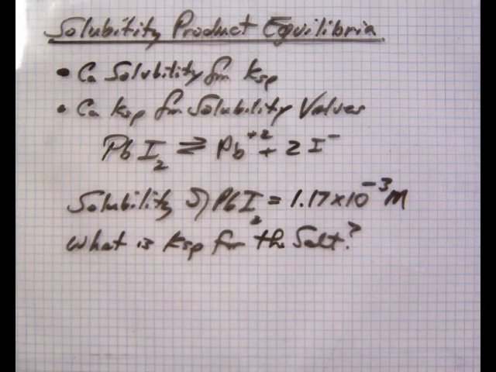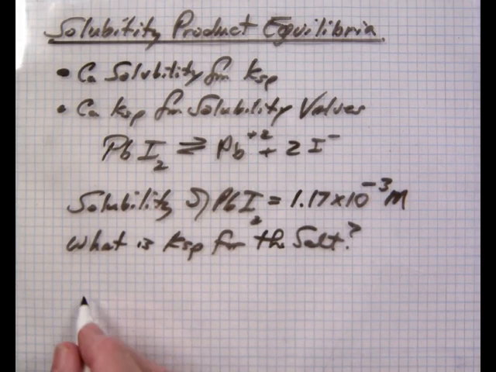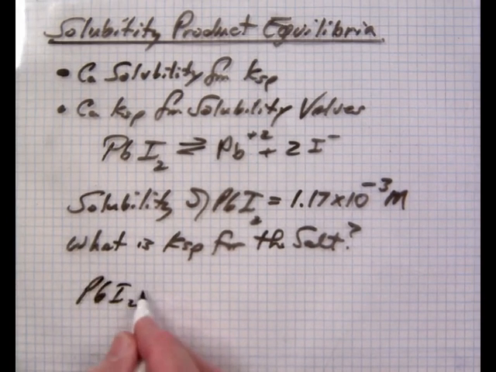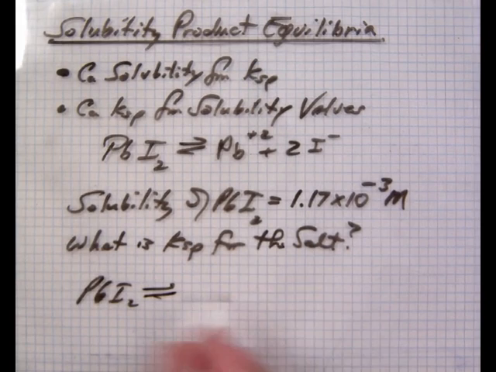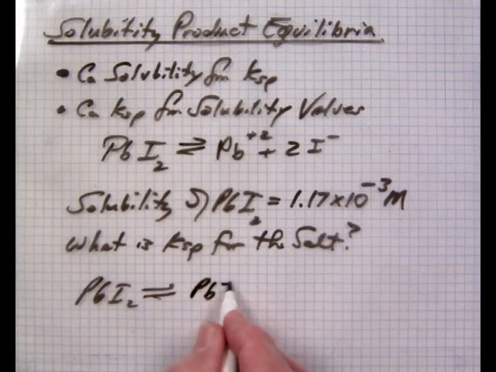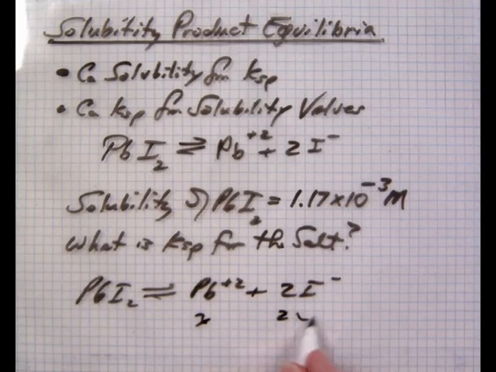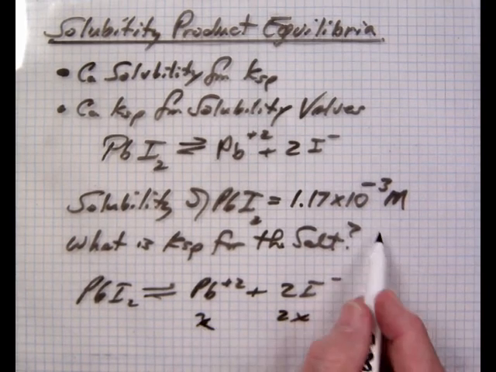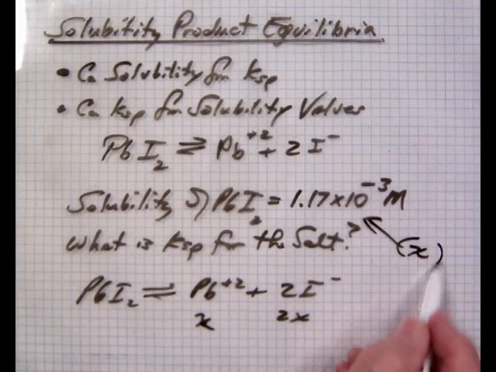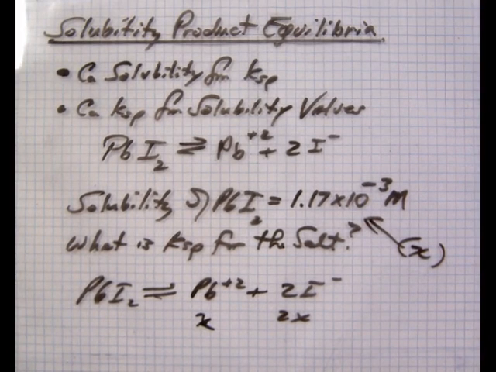It would be 2X. Okay, so PbI2 would deliver ions in this capacity, X and 2X, and X is this in moles per liter. So to get your iodide, you would have to double that.